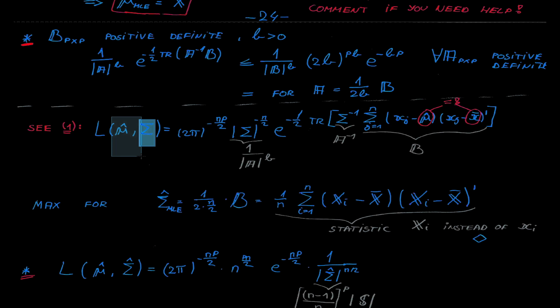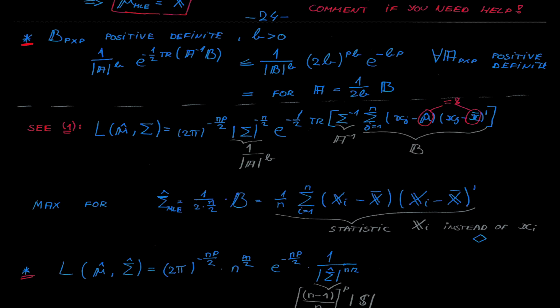So just by substituting it, we can find the maximum for sigma. Okay, so instead of mu, we will use mu hat, and our mu hat is actually our x bar. So you can either write mu hat or x bar.